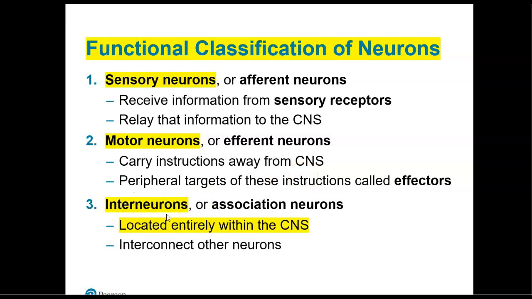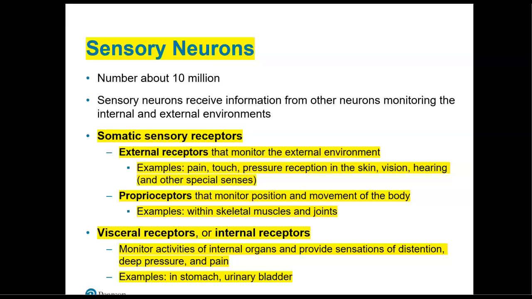Interneurons are found entirely within the brain and the spinal cord. They receive the sensory information and decide what to do with it, deciding which motor neurons to stimulate and what signals to send out from the central nervous system.